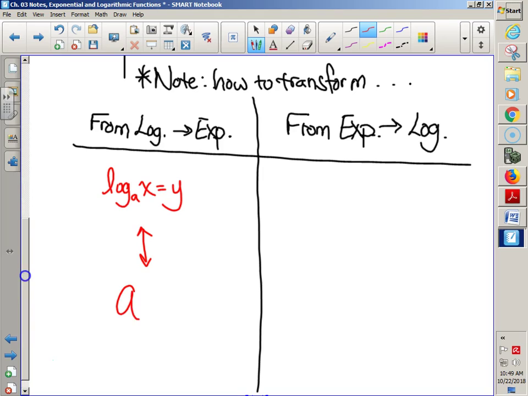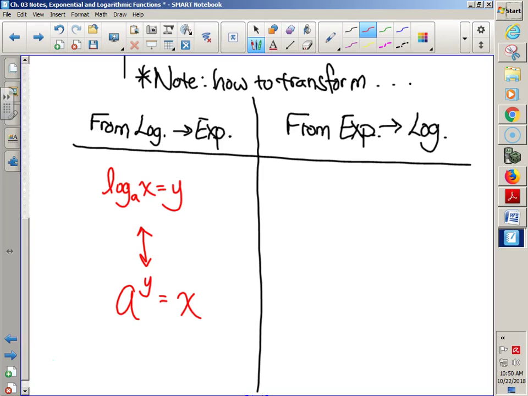You can go to exponential form by stealing the same base, a, to the power of, I always think go across, a to the power of y is equal to x. We've talked about how the answer to a logarithm, or the entire logarithm, is just the power of a that equals x. I've actually been saying this a lot in words. I just never wrote it for you, so I'm sorry for that.